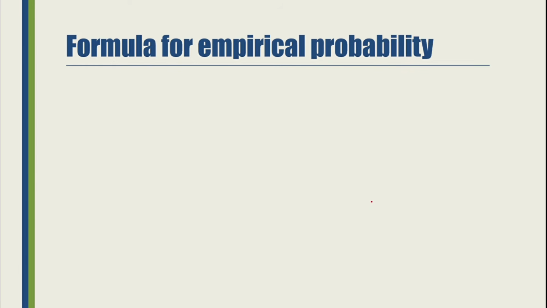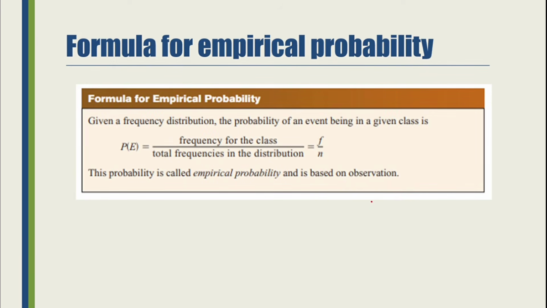So the formula for empirical probability is that, given a frequency distribution, the probability of an event being in a given class is the frequency for the class over the total frequency in the distribution. This probability is called empirical probability and is based on observation.